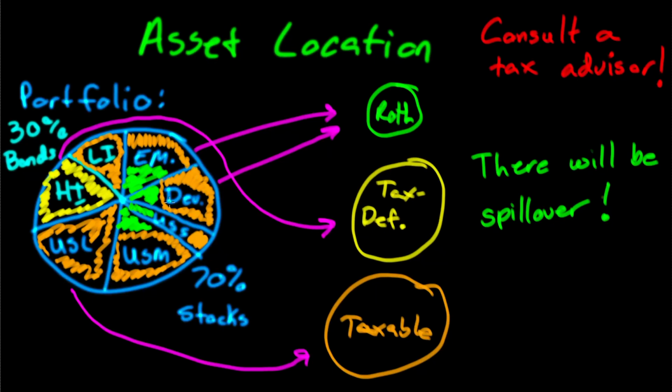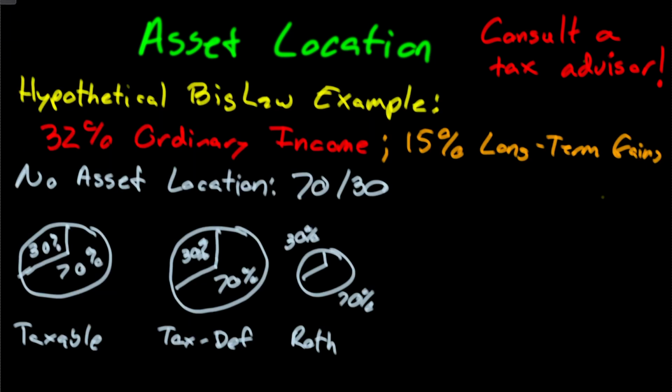So just understand that this is like a utopia perfect scenario, and there will be spillover between the accounts. So you just prioritize what you put in first, and then all of the spillover winds up going to the taxable investment account.